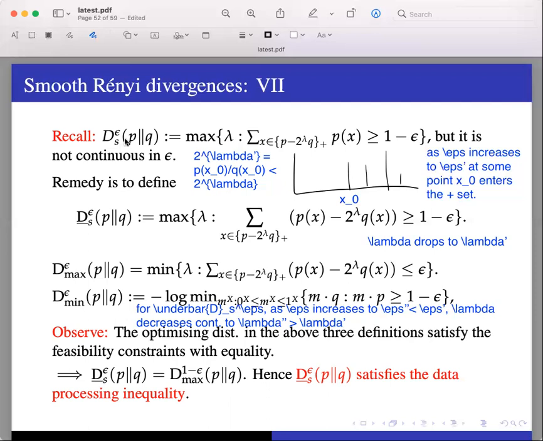Shantan, then let me just say, then you can continue. So one thing to note out here is in d epsilon s, often this inequality will be strict. This will not be saturated. This is because let us say epsilon increases to some epsilon double prime. For d epsilon s, what happens? I cannot bring in another point into the support because then this summation shoots up by a non-trivial jump.